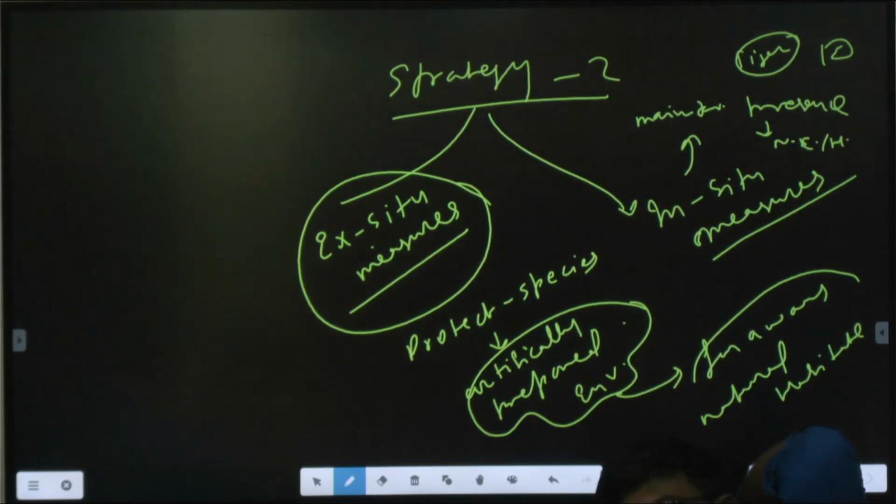In India, we have 18 biosphere reserves. How many? 18 biosphere reserves. लिखते जाओ.